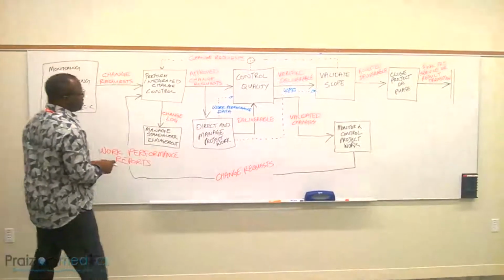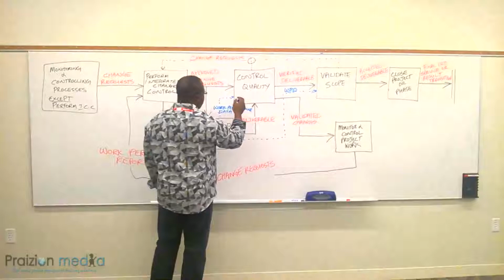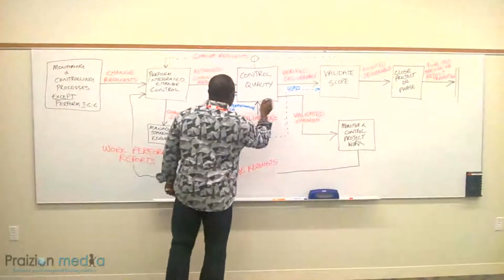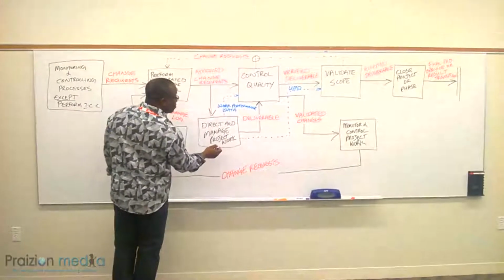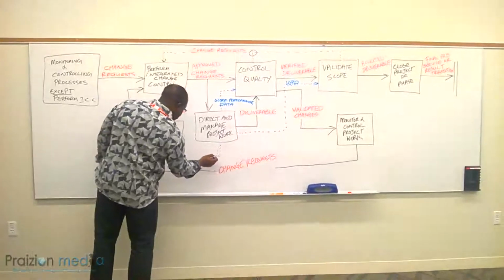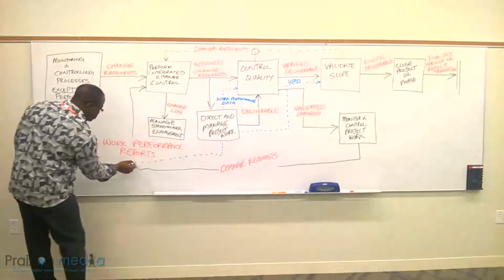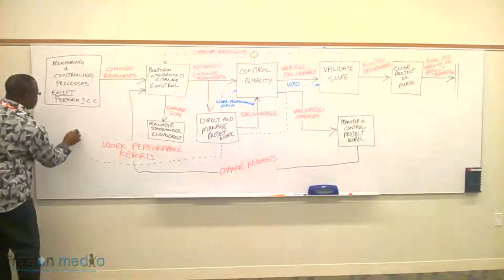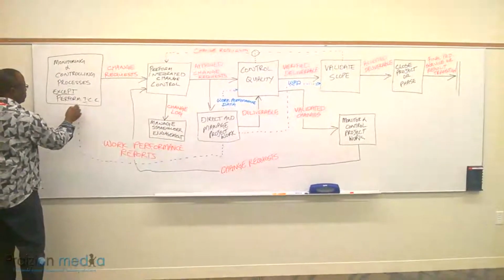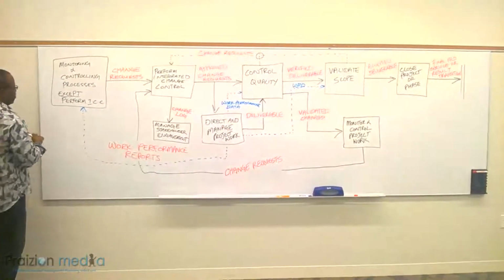So work performance data, we wanted to draw one more line to clarify that your work performance data comes from here. And it also makes a trip to, now watch out for this mod, I'm going to modify this.